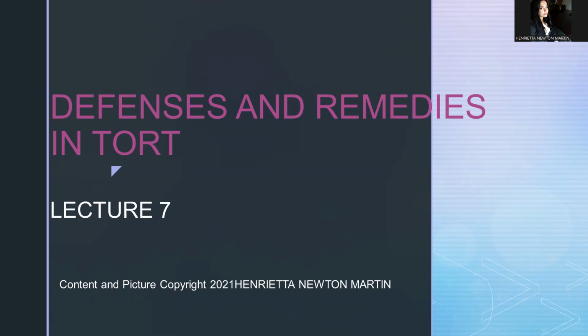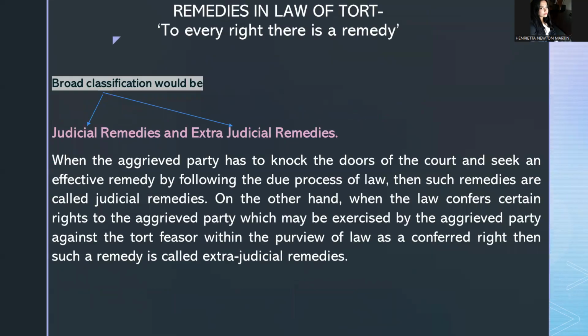Now let's move on further with the slides. Now, broadly speaking, damages or remedies in the law of tort can be judicial remedies or extrajudicial remedies. I've just put a caption here, rather it's a legal maxim, that to every right there is a remedy.